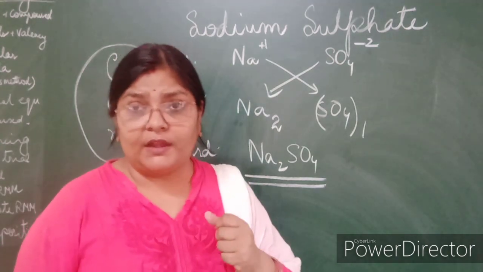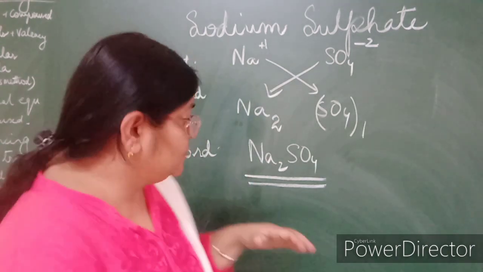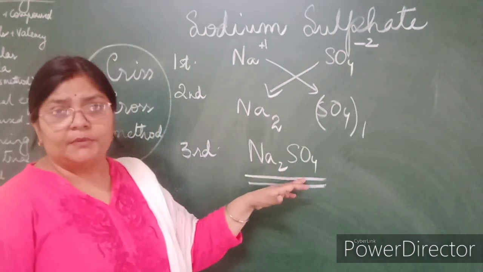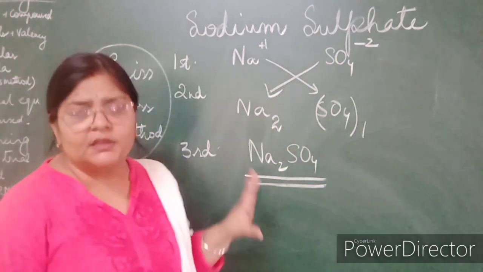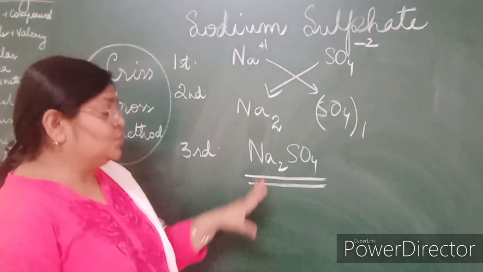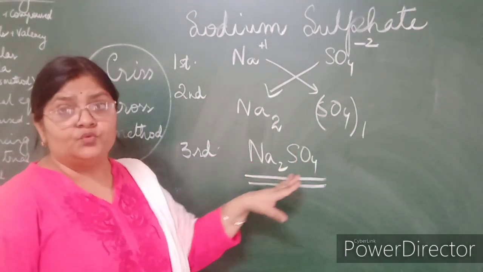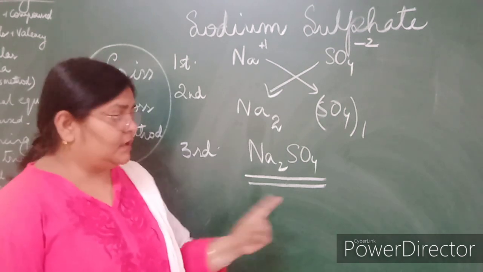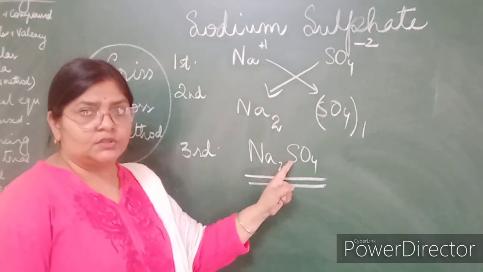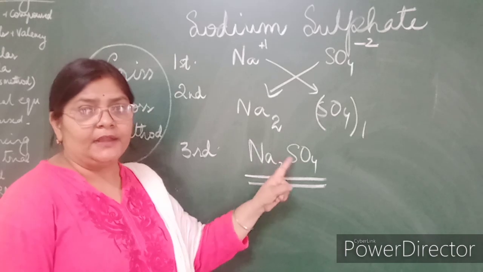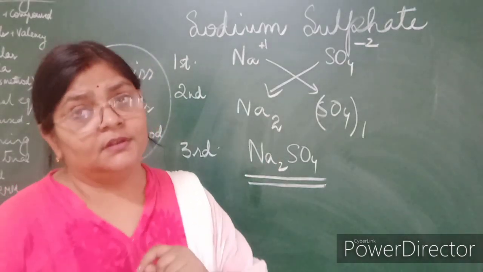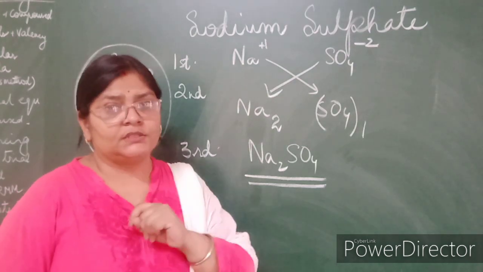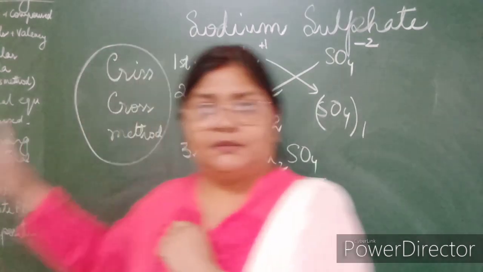How can you find out the valency from it? You just look at the chemical formula there. Suppose I have forgotten the valency of sulfate. What will I do? So here, Na2SO4. I'll quickly think: the 2 crisscrosses. The 2 has gone to Na, that means the valency of sulfate is 2. Don't forget that crisscross is a must.